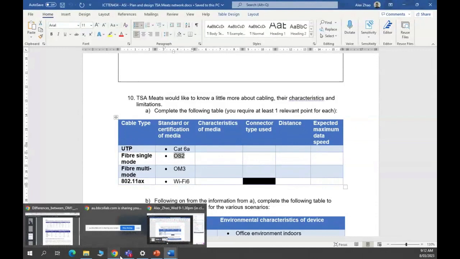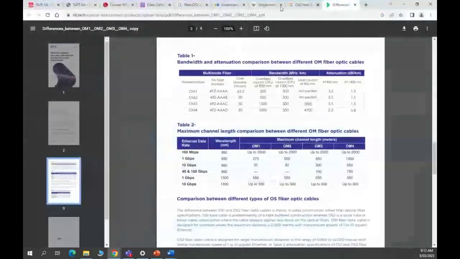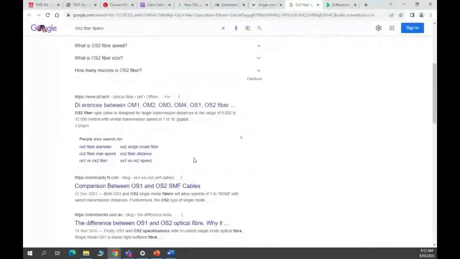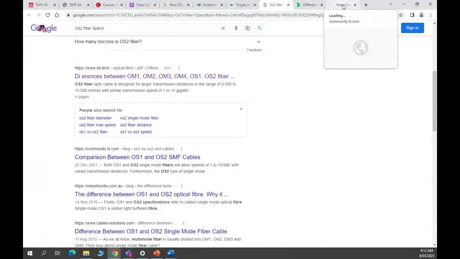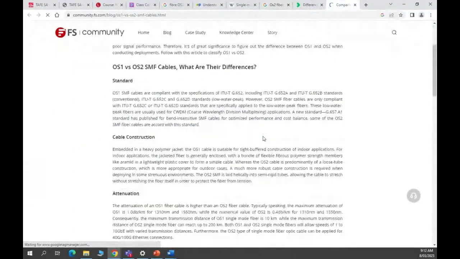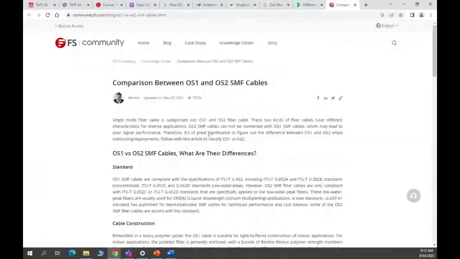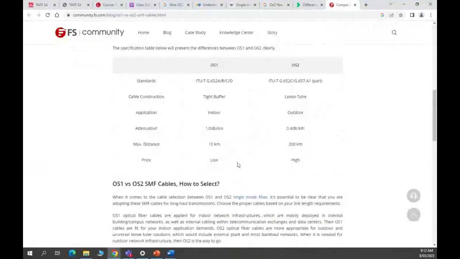Okay, you find a good website. I haven't found quite the good website yet, but just in my example, you definitely can go down a little bit more and look at some of these websites. And look at this, there was a picture, OS2, it's for outdoor, up to 200 kilometers.